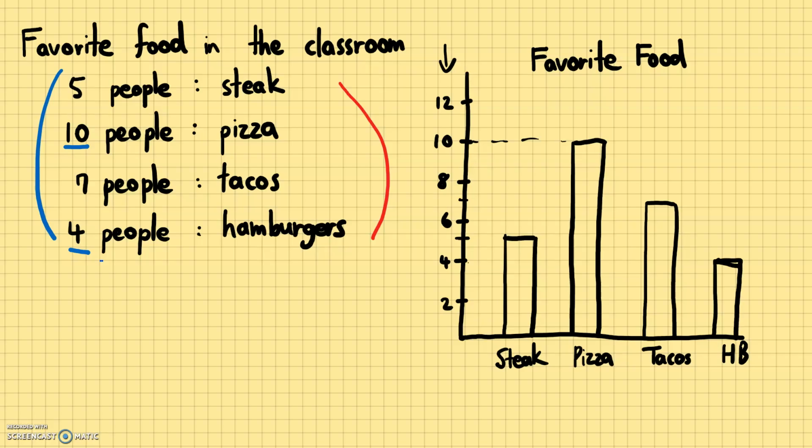And it's always nice to color the bars because it's easier to see. Like if it's like this, it's kind of hard to see the bars, especially if you get more bars later on. So let's color in the bars so that it's easier to see.